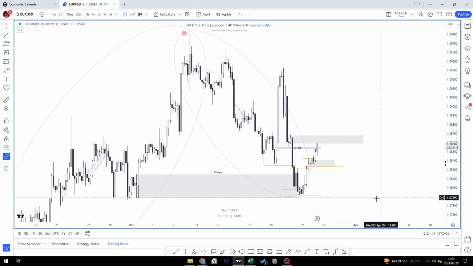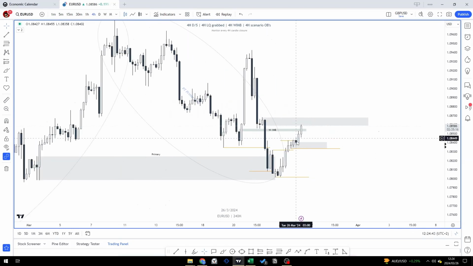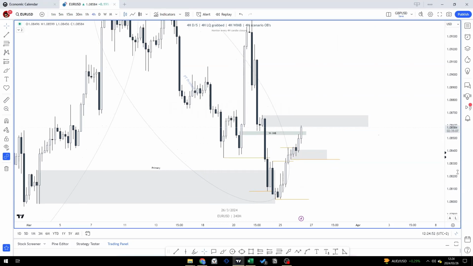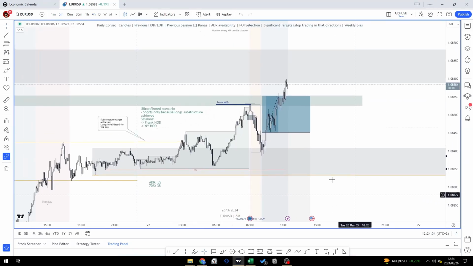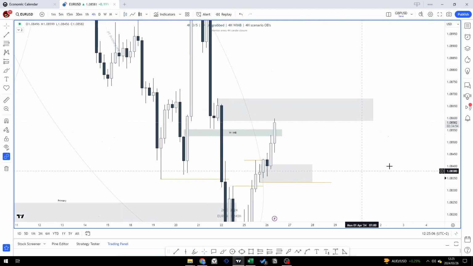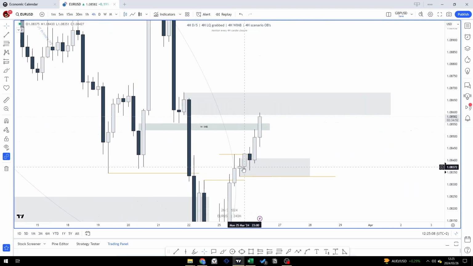But essentially, we started off the morning right here. We reacted to the window of imbalance, and then we're looking for that follow through to potentially target this. However, what I did discount is, if you look into this, whilst we had the Frankfurt high of the day, I didn't really consider this OP as a valid reaction, and whilst it is a bit judgmental, we do actually have the body break right here.